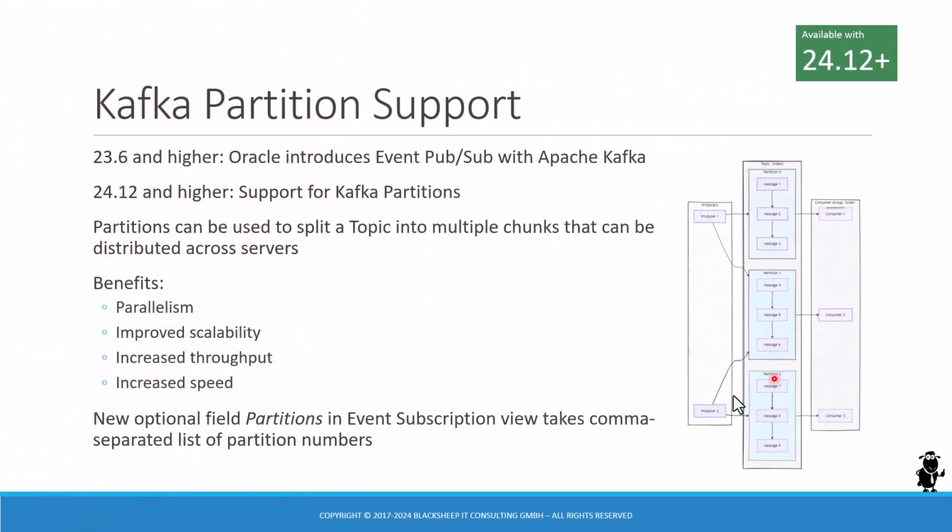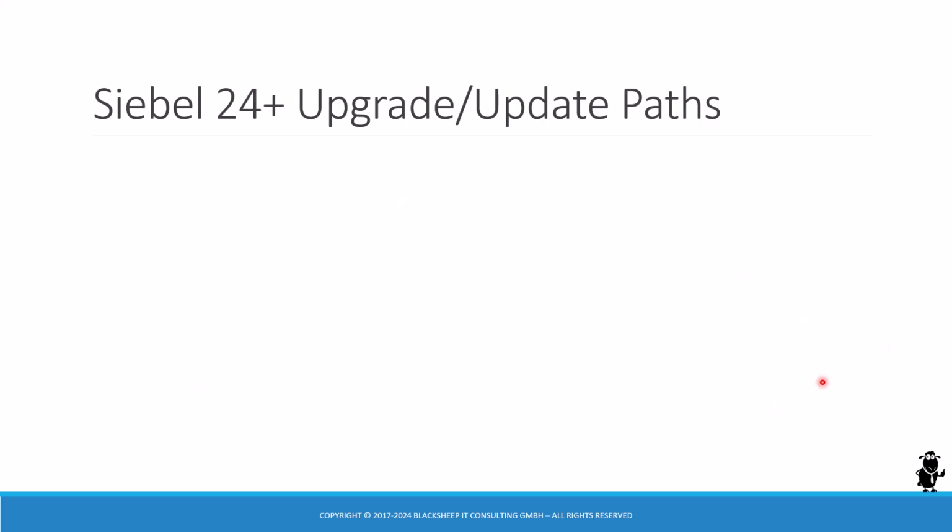Most notably, the Apache Kafka integration, that is the event publication subscription based integration with Apache Kafka, which was introduced in 23.6, gets a major overhaul and now supports Kafka partitions. So yeah, the 12 monthly updates for Siebel 24 bring a lot of enhancements and features.